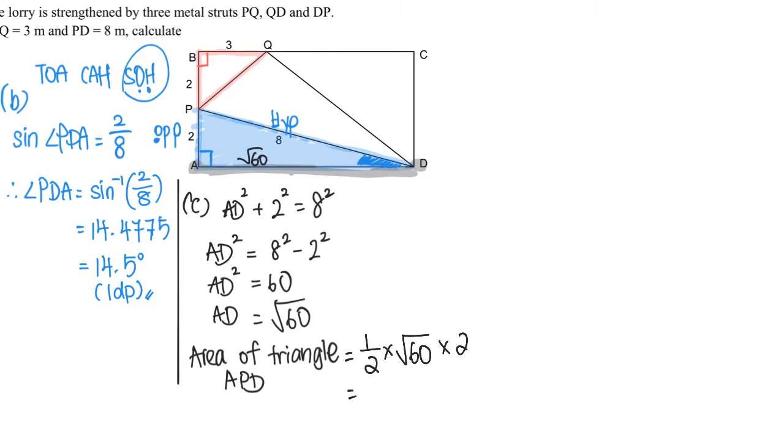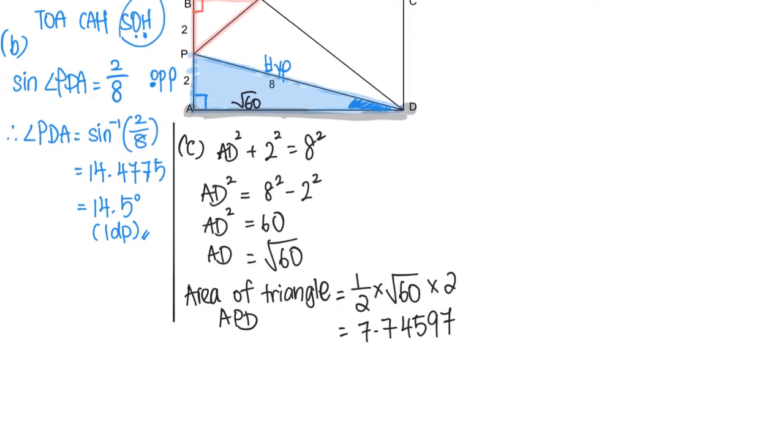And this will give me 7.74597 and finally 7.75 cm square, 3SF.